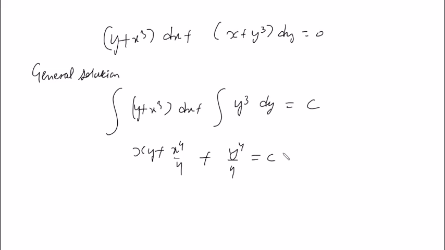Is it clear? Okay, so this method you will practice in almost all the examples from this question onwards. Whenever you are sure it is exact, always use this technique. So now we are going to answer the question, what if the equation is not exact? Then what to do? Because not every equation is going to be an exact differential equation.